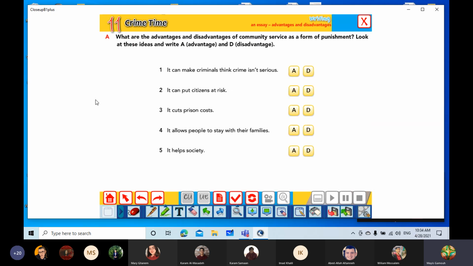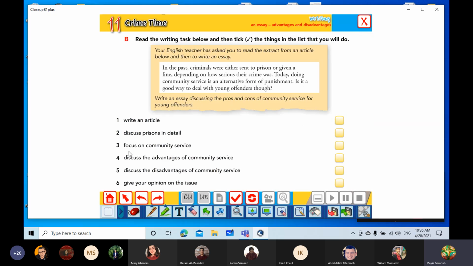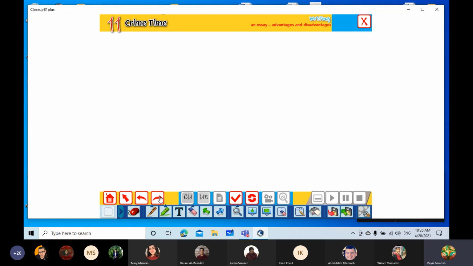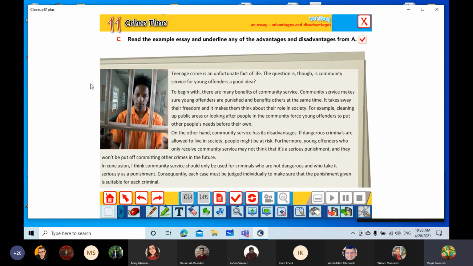The next slide is about exercise A, and I believe that we already did it. Exercises A and B are done, and now we will go to exercise C where we stopped yesterday.